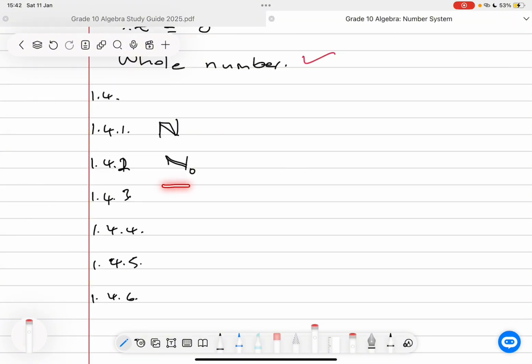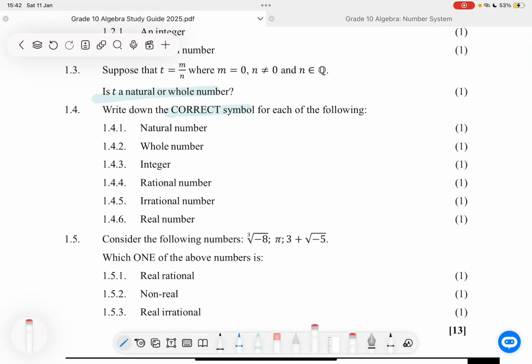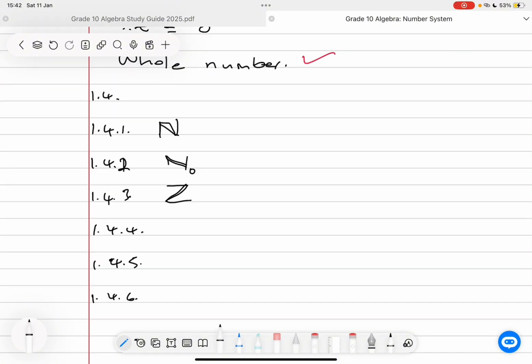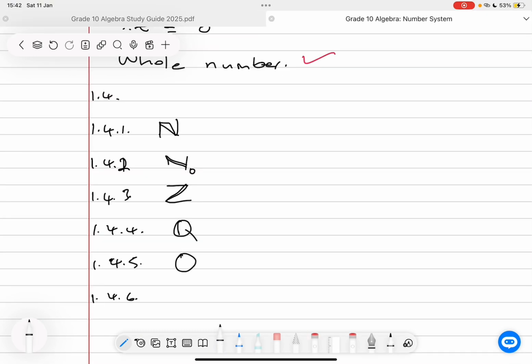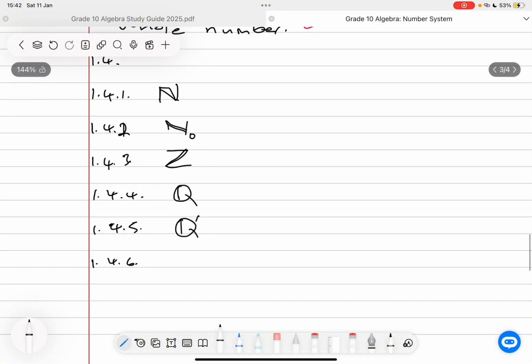Integers are represented by a symbol of a Z, like that. And they then ask us 1.4.4, rational numbers are represented by a Q. That is a line like that. And then irrational numbers have a similar symbol as rational numbers, but there's a dash at the top, so we pronounce it Q prime. Then we have real numbers. Real numbers are represented by an R that has a line like that.